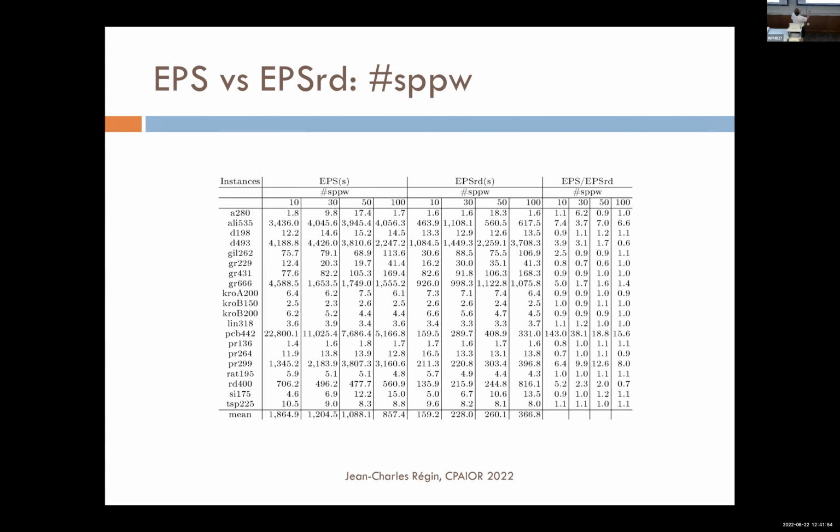I don't remember exactly, but I think that we took 100 in the experiment, something like that. And for EPSrd, you can see that the minimum is better because we are ready to manage the bad load balancing by a redecomposition. And so here you can see the factor that we obtain between both.